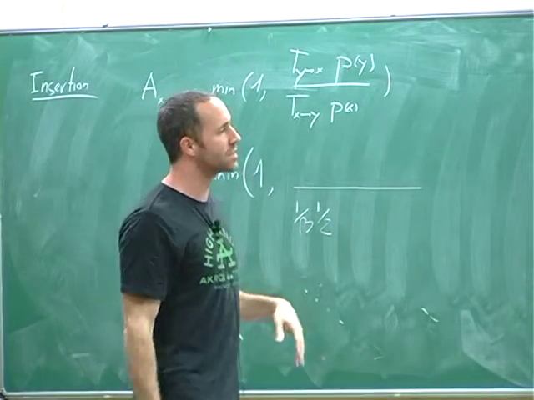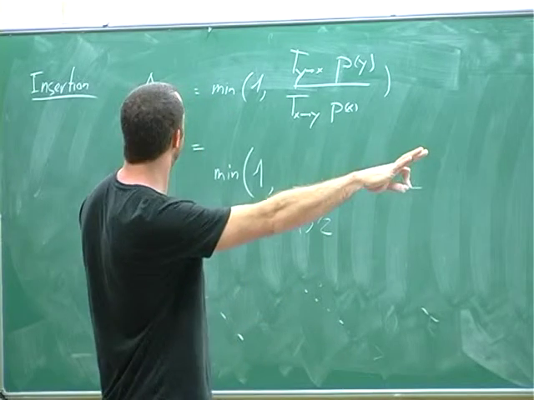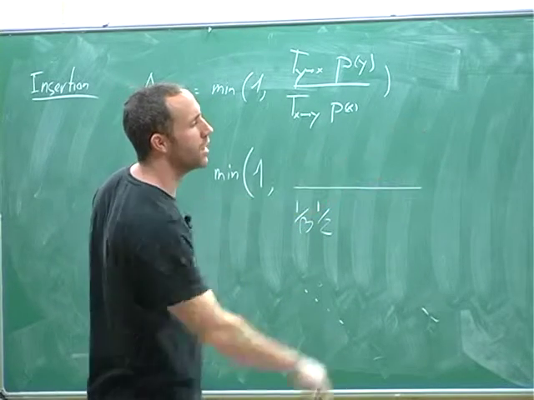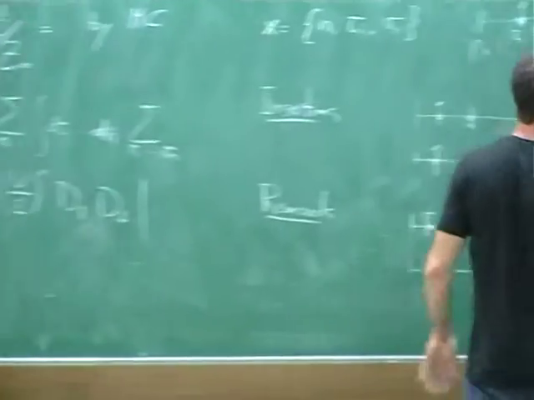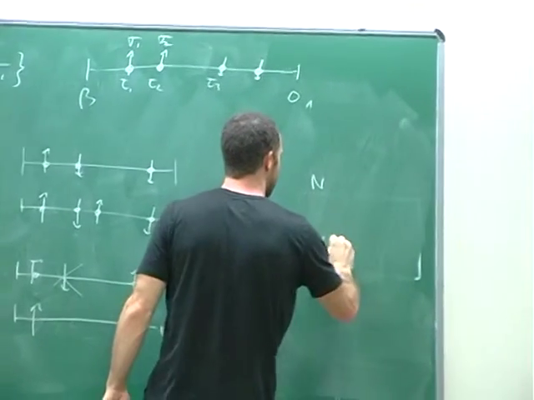Then there's the probability of x. I'll say that x is at order n and y is at order n plus 1.